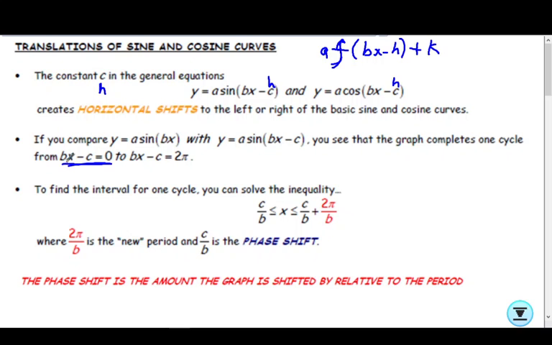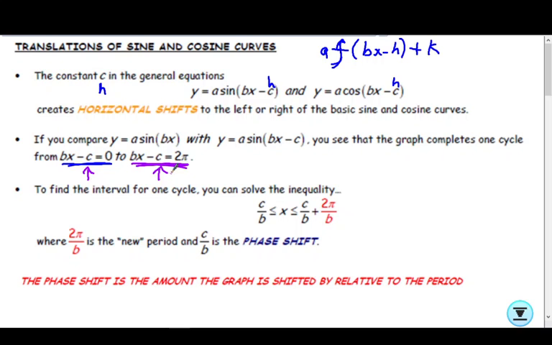These two equations right here basically tell you, with your change in period and your shift, where that original period is going to either start or stop. So this is telling you where your new function is going to start, and this one's telling you where it's going to stop. Okay? Now, we don't always have to use those, but it is an equation you can use to find where it begins and ends.